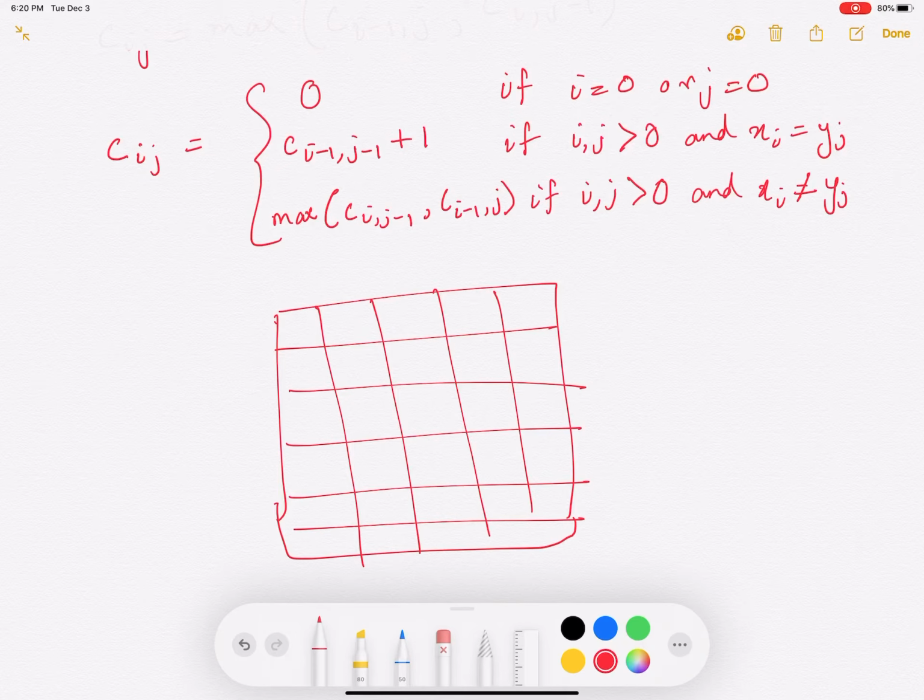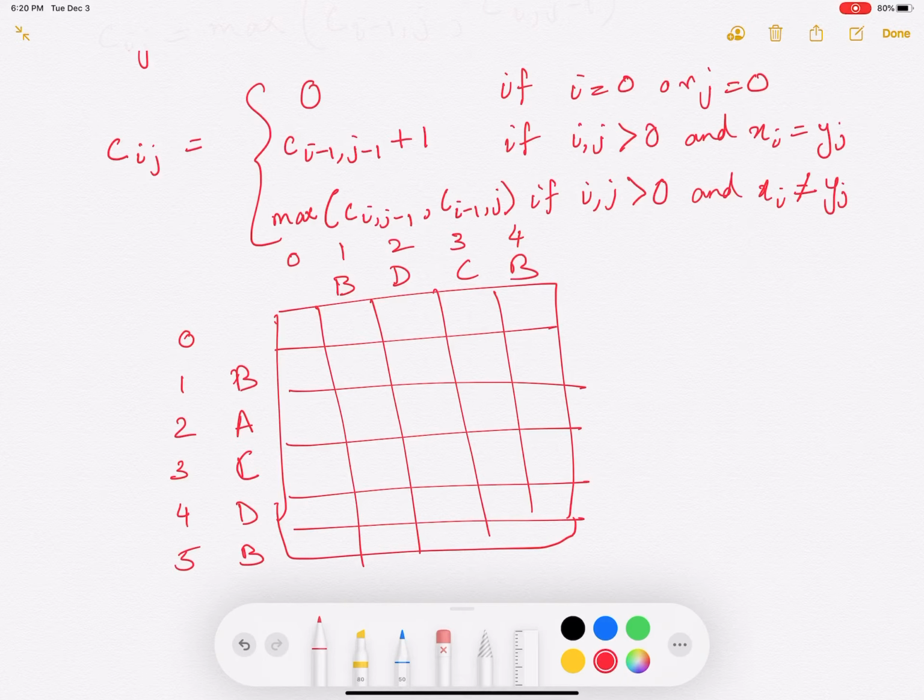So we have once again B, A, C, D, B here, and we have B, D, C, B, with indices 0, 1, 2, 3, 4 and 0, 1, 2, 3, 4, 5.